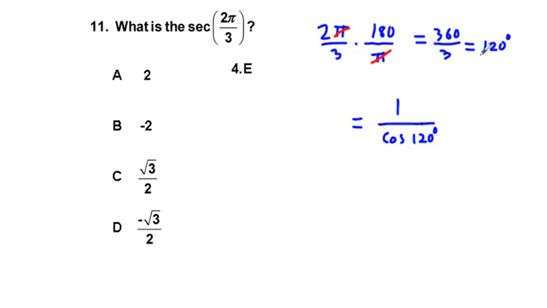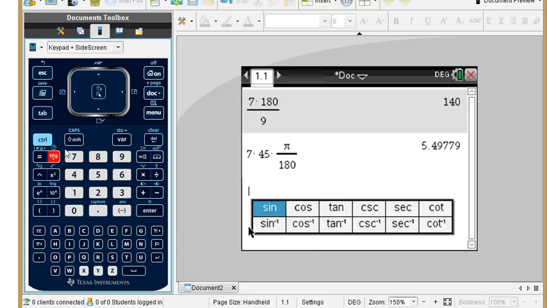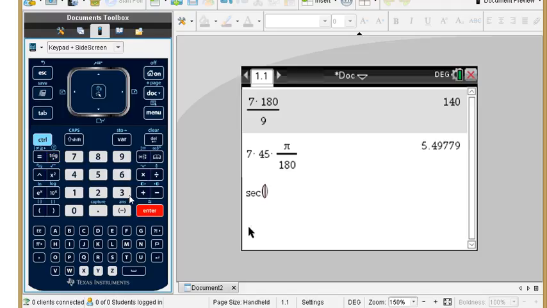Okay, but we're just going to go ahead and put secant 120 degrees because our calculator is set in degrees. So we go here to secant 120 degrees, and we get -2.